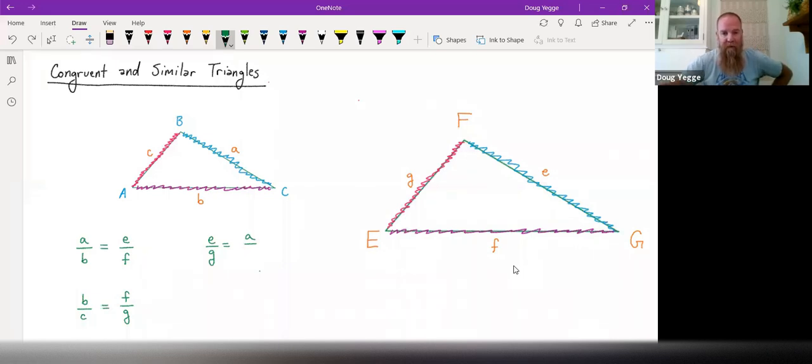So similar triangles have proportional, I should say corresponding, sides, so that we make sure we are taking the right sides when setting up a ratio.